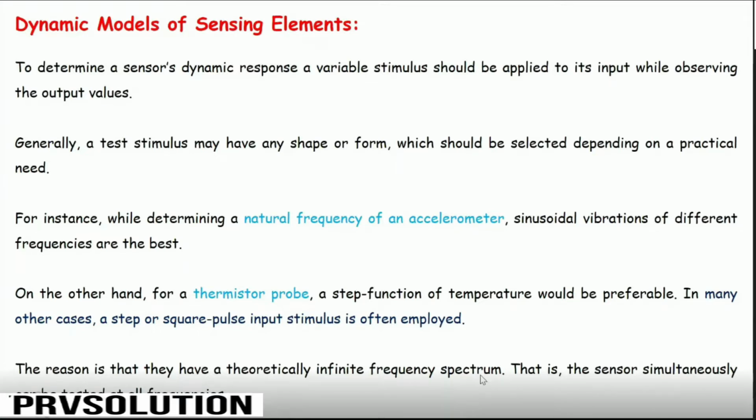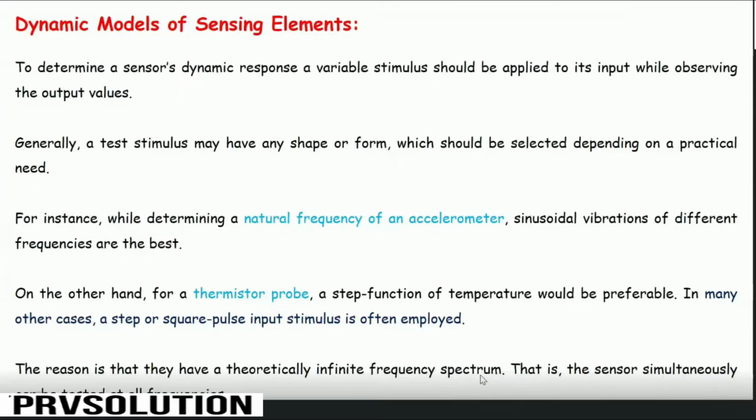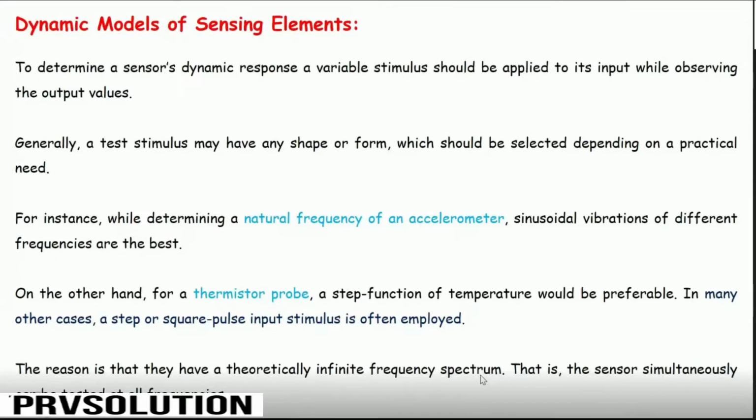Generally, a test stimulus may have any form, which should be selected depending on practical need. For example, while determining the natural frequency of an accelerometer, sinusoidal variations of different frequencies are applied. This is just one example. On the other hand, for a thermistor probe, by which we want to measure the change in temperature, a step function temperature would be preferable.